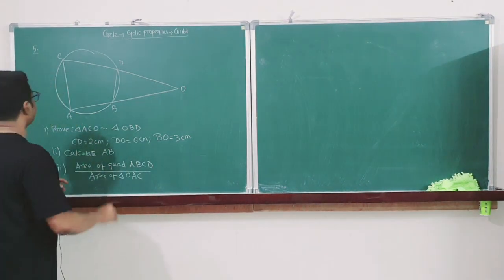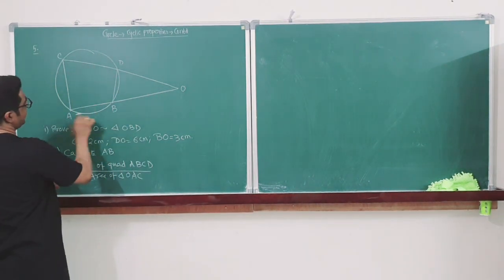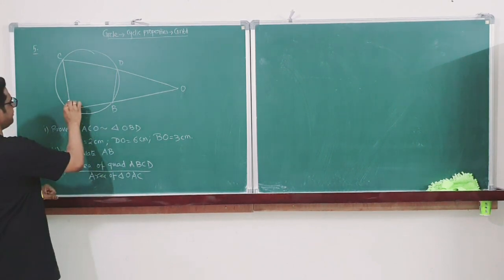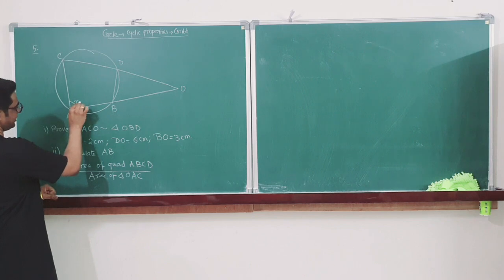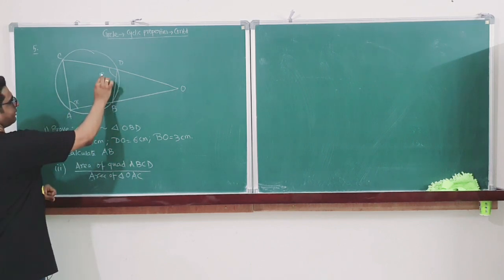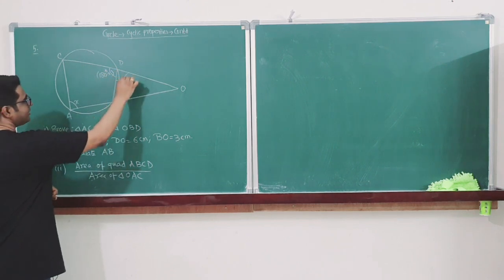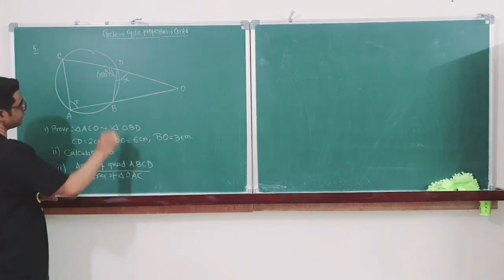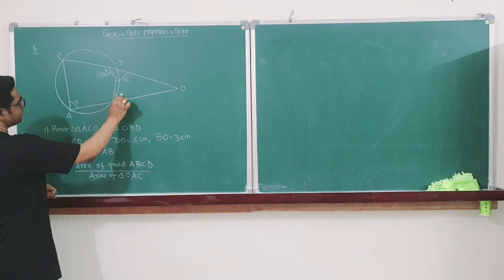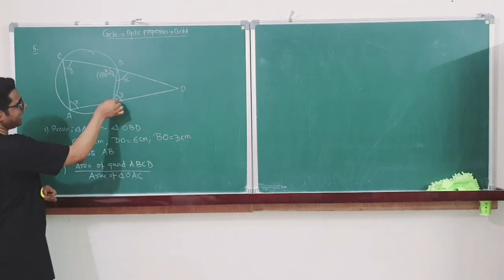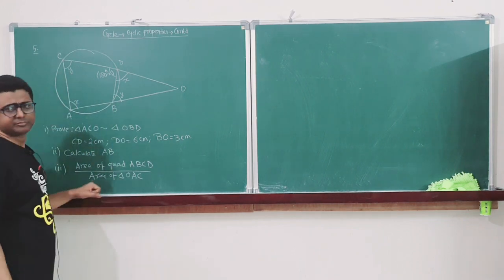Here we have a cyclic quadrilateral ABDC. So if this angle is X, what is this angle? 180 minus X. Then what is this angle? So this angle and this angle is equal. If this angle is Y, then this angle will be also Y. Why? Exterior angle is equal to opposite interior angle.